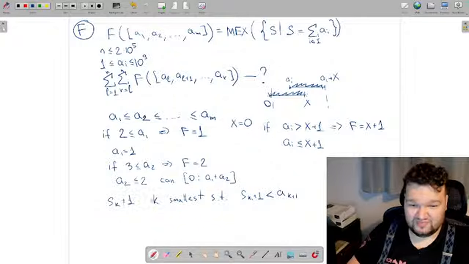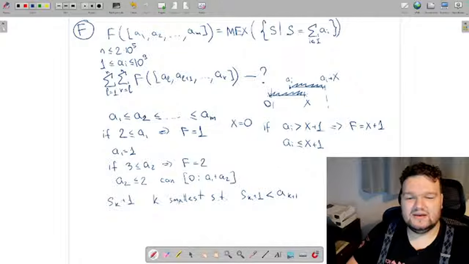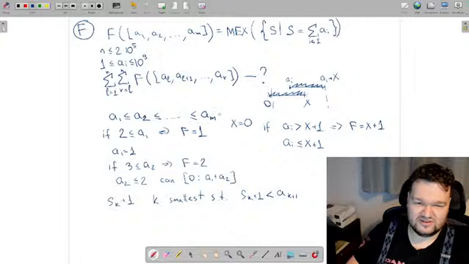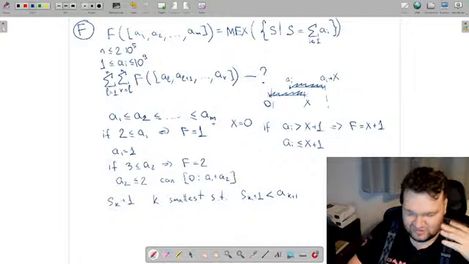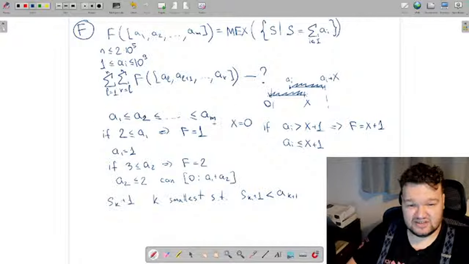Or if k is m, then the next element doesn't exist, so we can say that it's infinity. Everything from 0 to the sum of the array is representable, but sum plus 1 is obviously not representable. Okay, so that's how we can calculate f.